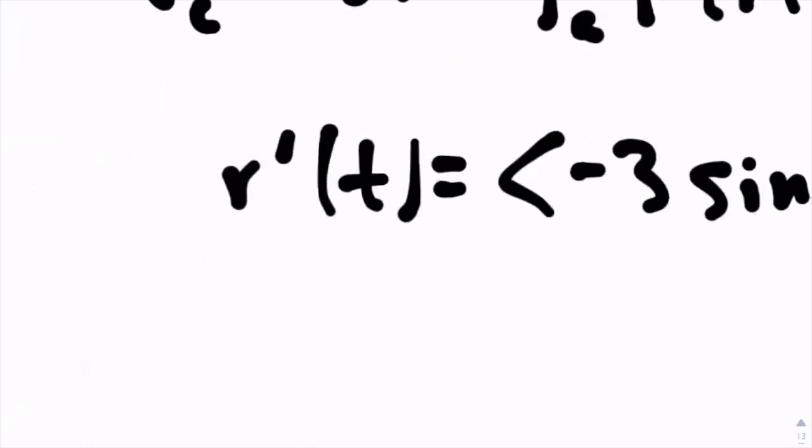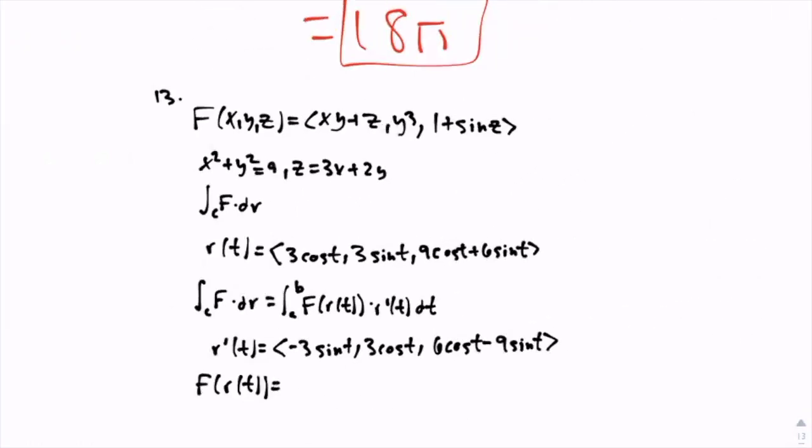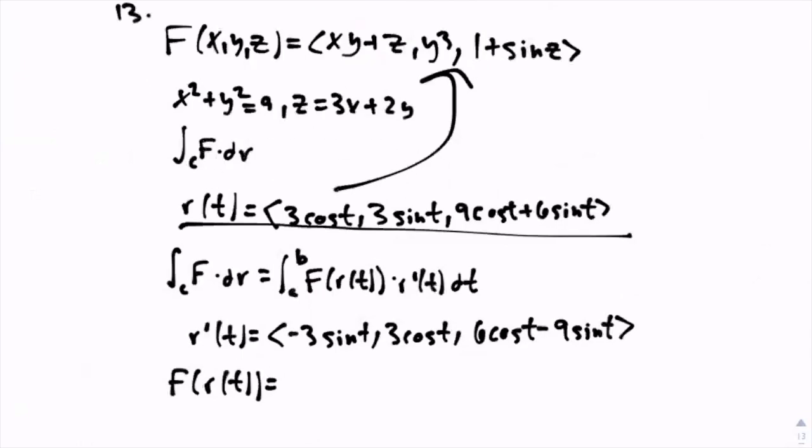Now, the only thing we need left to solve for our line integral is finding F of r of t, which is simply plugging these r of t values into our F equation.